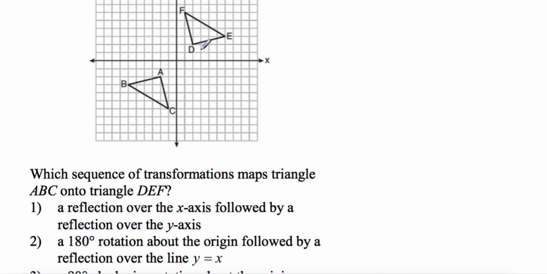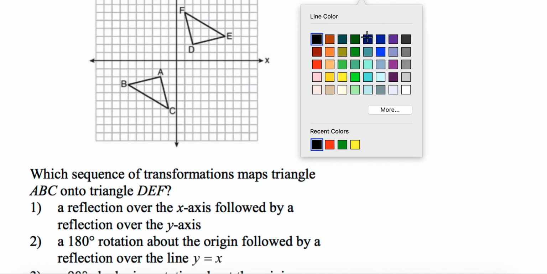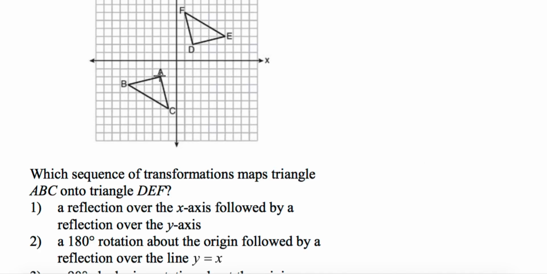Now, notice that A corresponds to D. So if I connect those two points together, A and D, and then B and E, you can see that they're intersecting at one point over here.